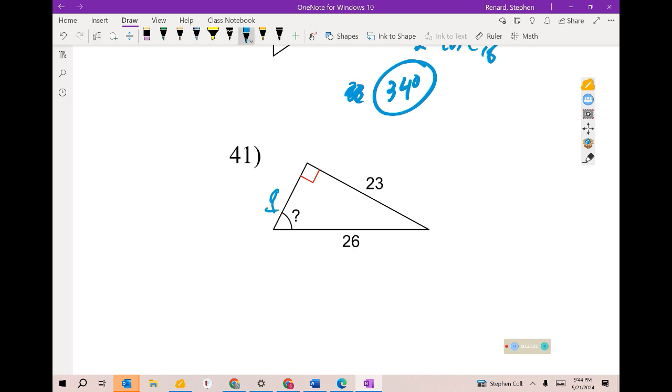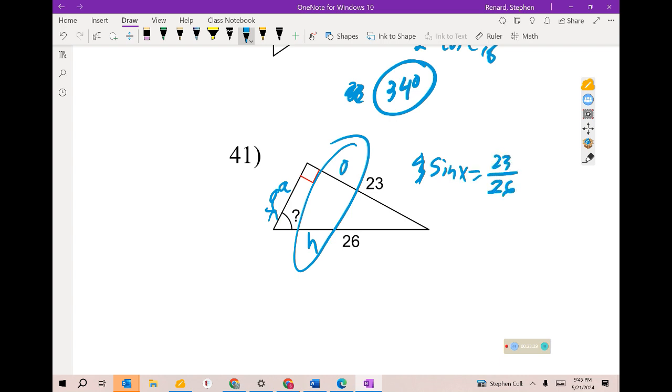Same thing. We're going to go here. This is hypotenuse, adjacent, and opposite. So O and H, so that's sine. So we go the sine of x equals 23, opposite over hypotenuse, which means that x equals the inverse sine of that.